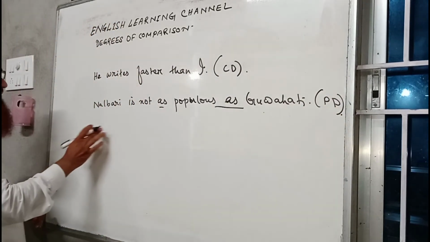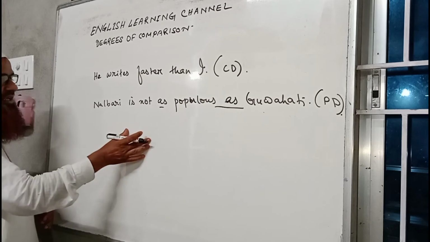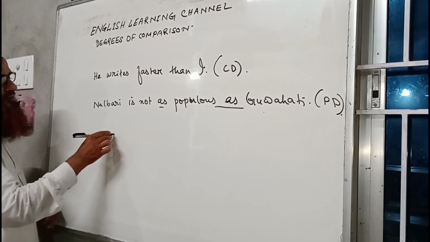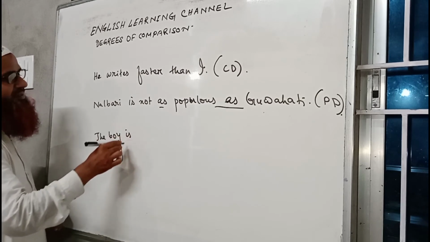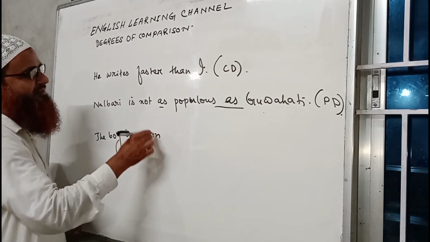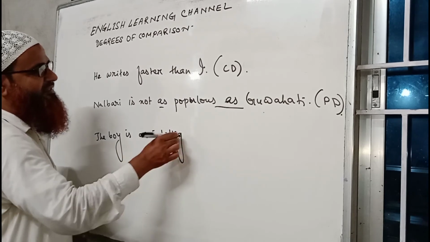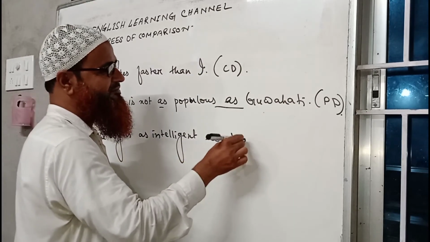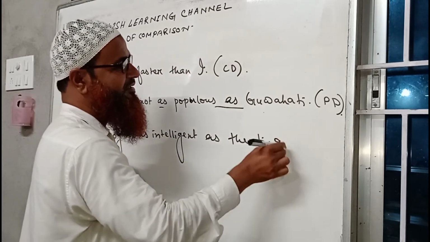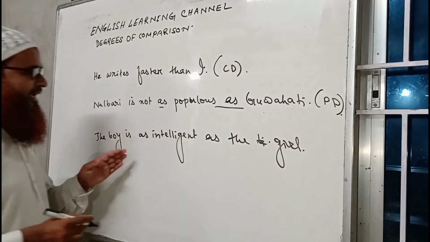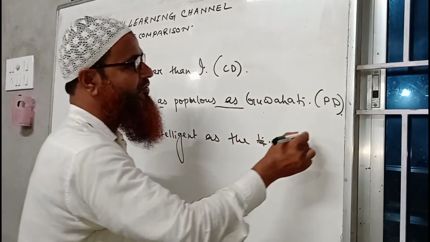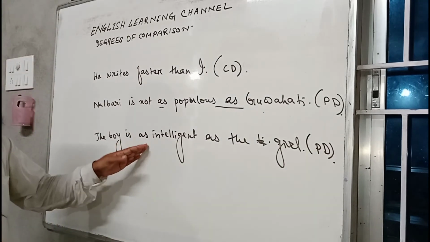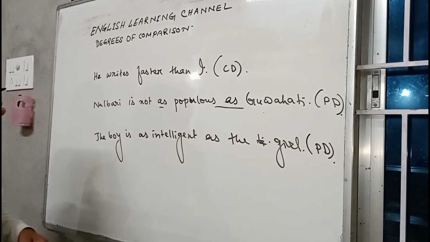Again, we may see here: the boy is as intelligent as the girl. So it is in positive degree. So we have to write PD. The boy is as intelligent as the girl.